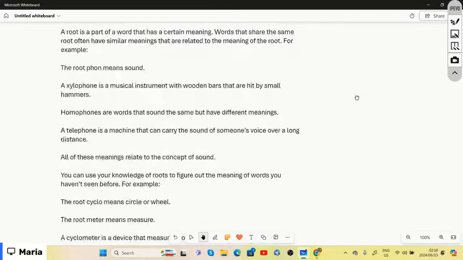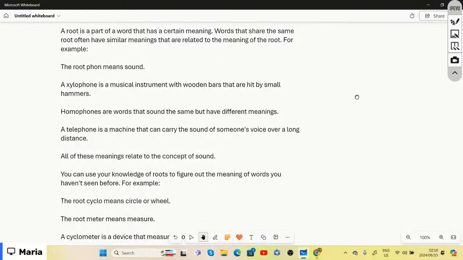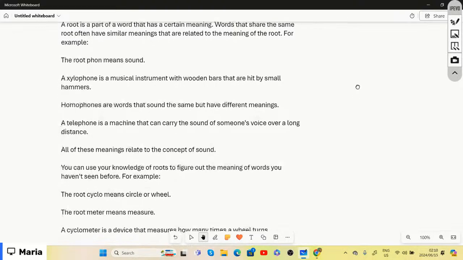And if it means sound, then a xylophone is a musical instrument with wooden bars that are hit by small hammers.